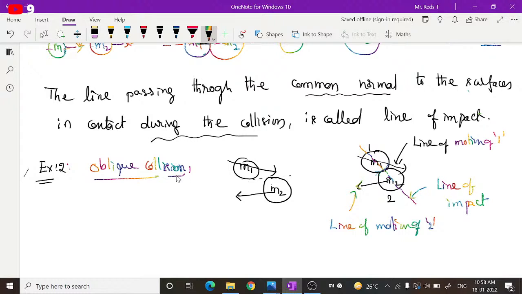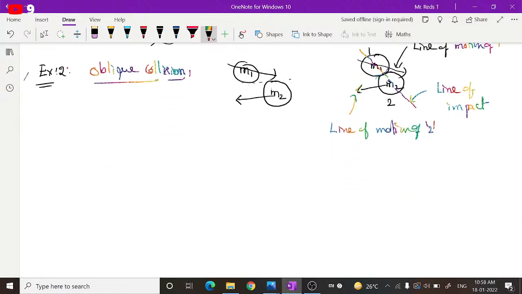So likewise, we can have the line of impact and line of motion differently. Let me give you one more example to understand this.